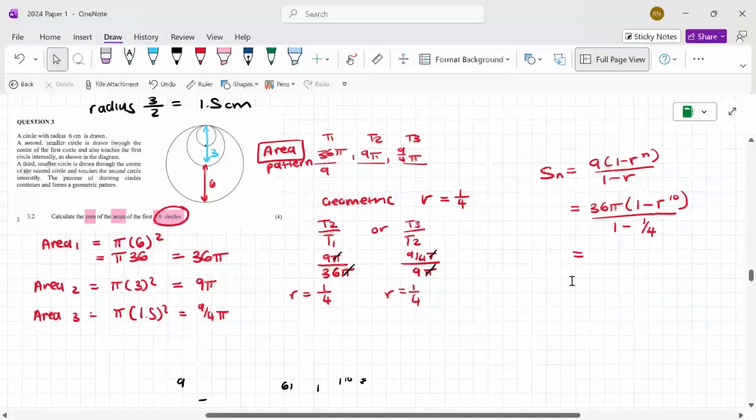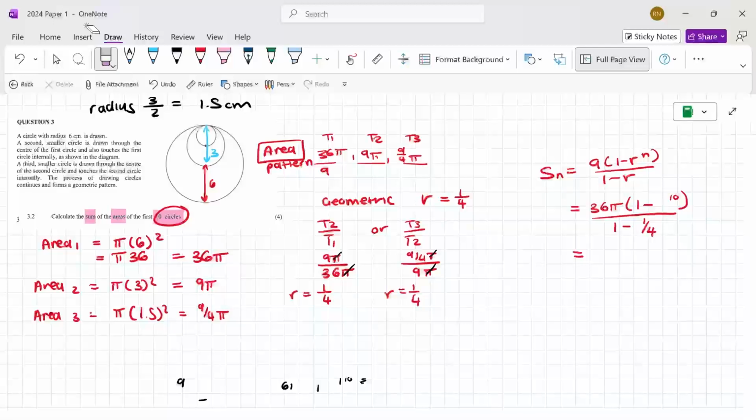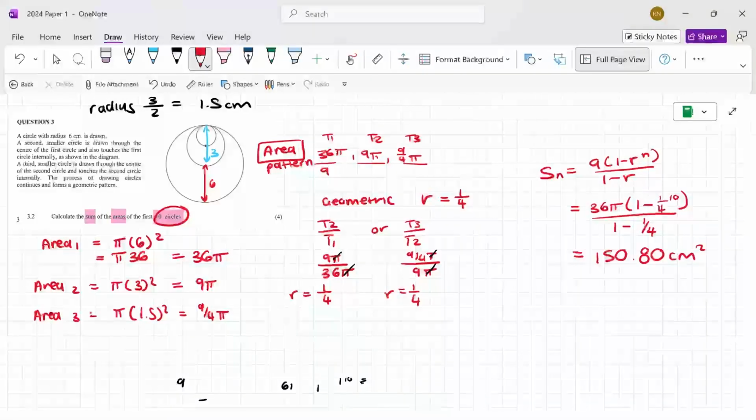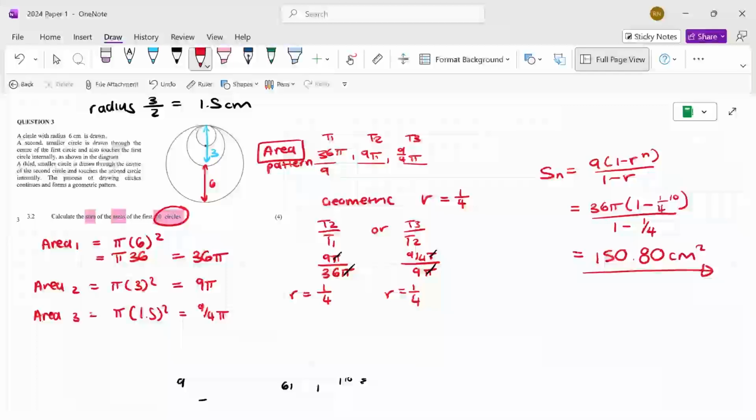Okay, so I substituted in, oh sorry, I forgot R at the top there. This is 1 over 4 to the power of 10. Okay, you should get 150.80 centimeters squared. And this is the sum of all the areas in the first 10 circles.